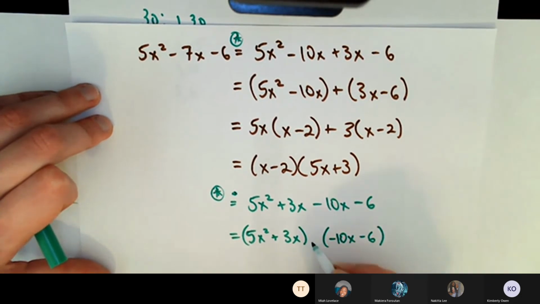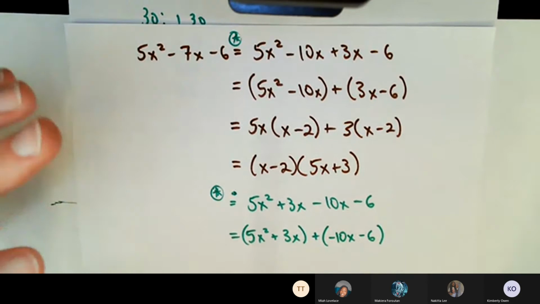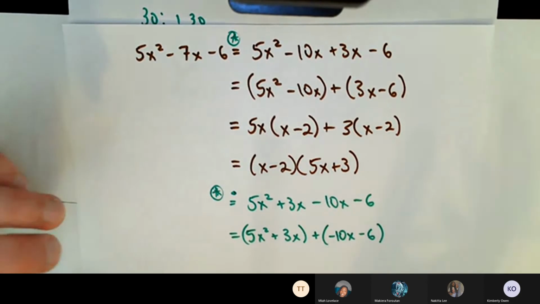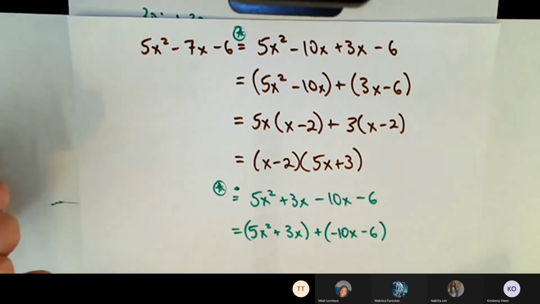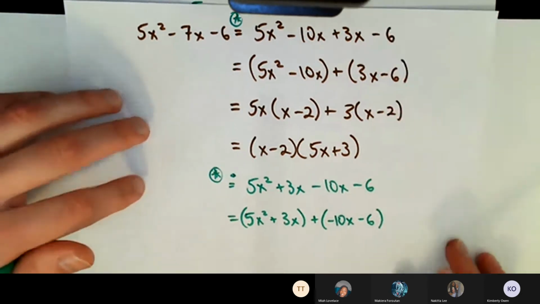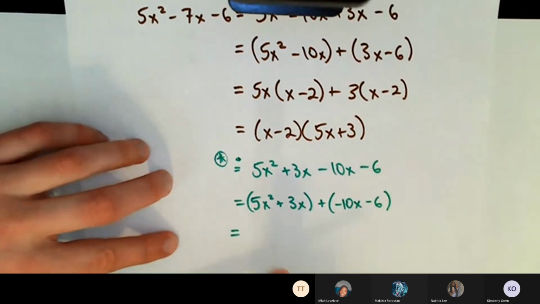But if you do this, you need to introduce a little plus sign there. So instead of saying minus 10x, you're treating it like plus -10x.